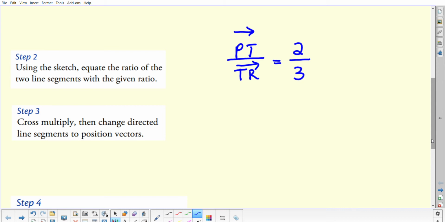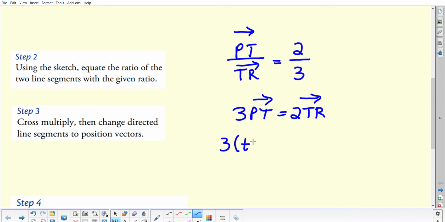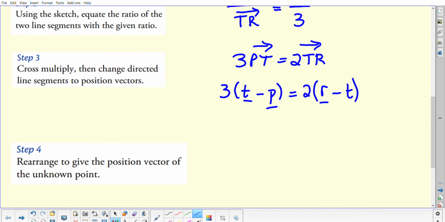So cross multiplying here means we're going to have 3 times PT equal to 2 times TR. Then using your position vectors, you can write that as 3, then open up your brackets, T minus P equals 2 times, and remember the position vector for T to R will be R minus T. Then step 4 says rearrange to give the position vector of the unknown point.